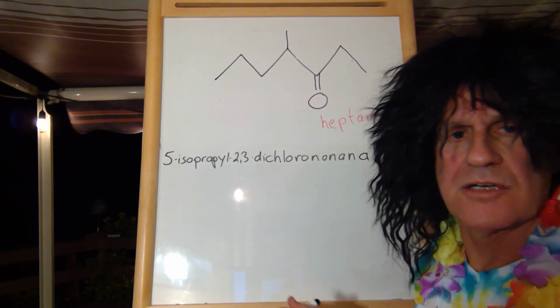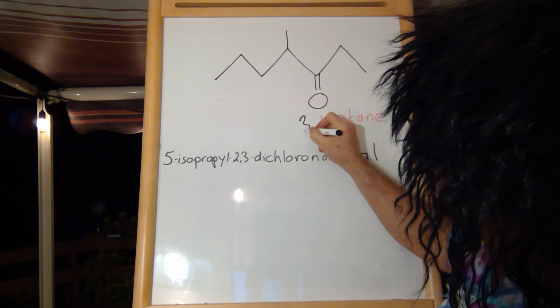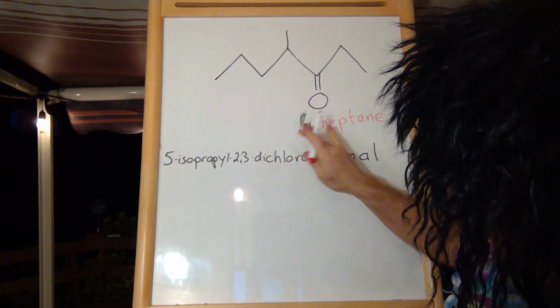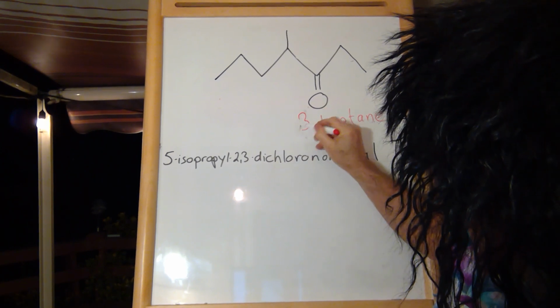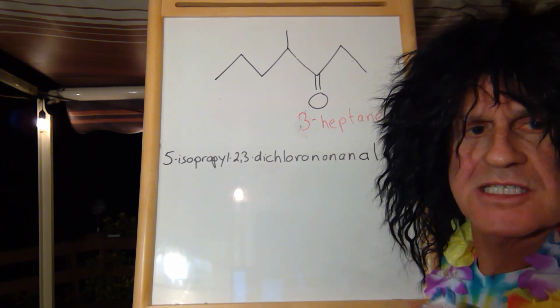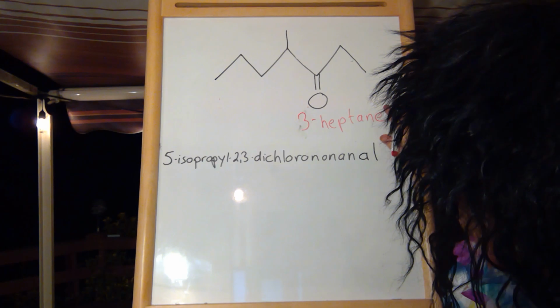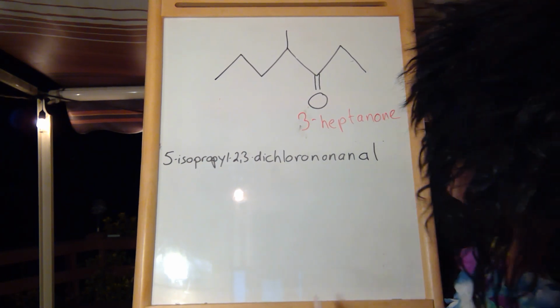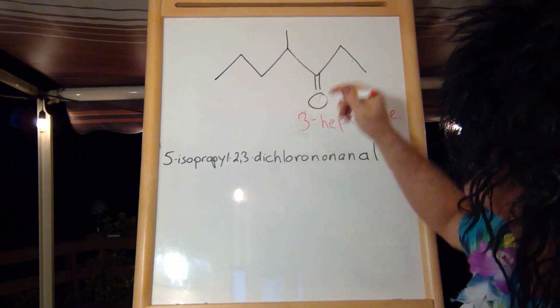And obviously the lowest number is at this end. So, whoops, changed my colour there. We'll go to 3, but it's not heptane, it's a ketone. And so we have to erase that E and write -one. So 3-heptanone is what we've got.